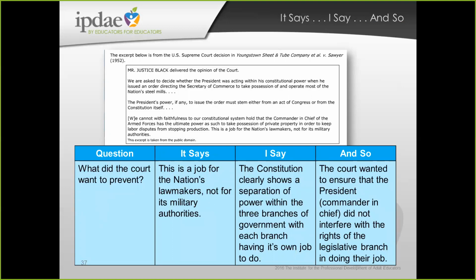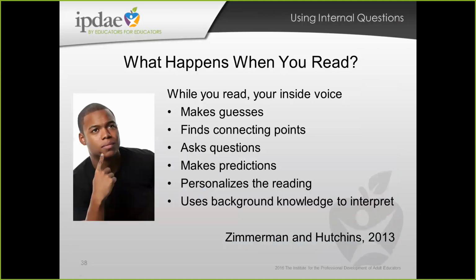And so I can infer that the court wanted to make sure that the president, who is that military leader, that commander-in-chief, did not interfere with the rights of the legislative branch in doing their job. And from there, I can determine which answer is correct. A great strategy for all different types of areas.